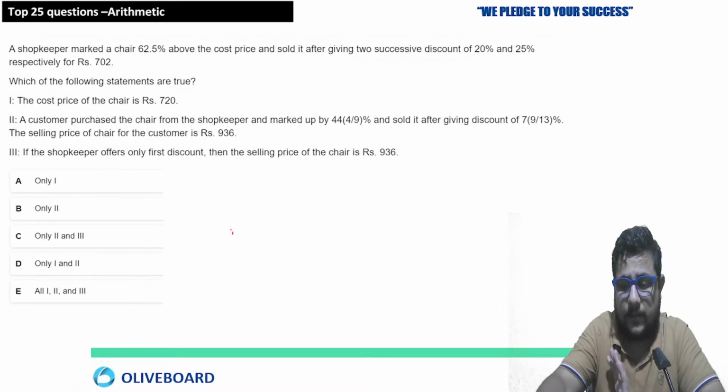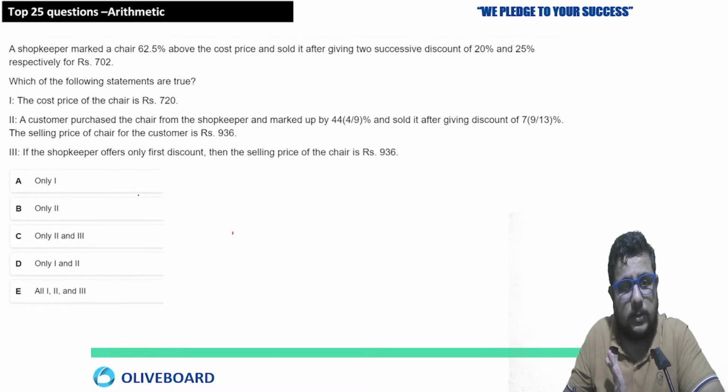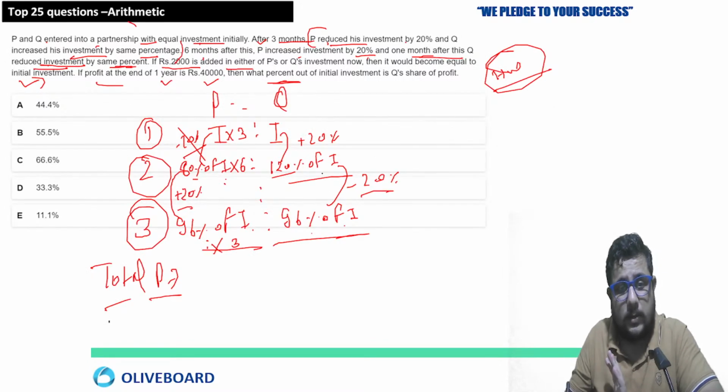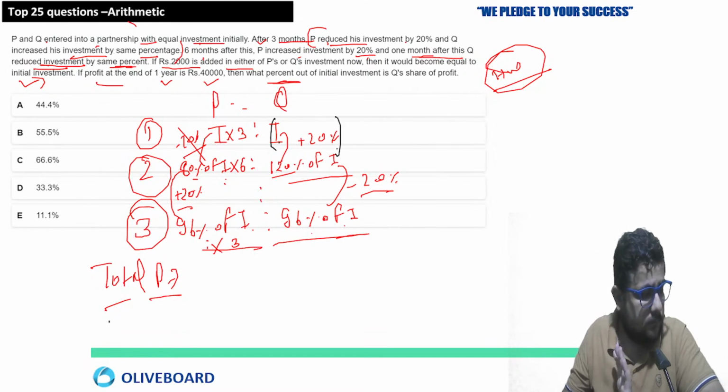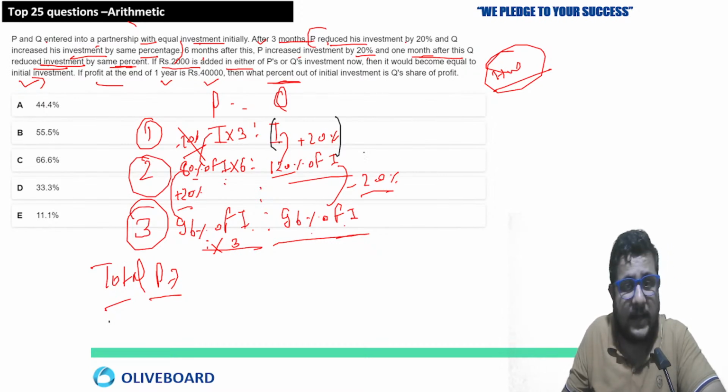So if we think about Q, for Q, I plus 20%. Very good, 50,000, absolutely correct, because 4% is equal to 2000. By that logic you have attempted. Very good, very good. Nitish, what about you and others?